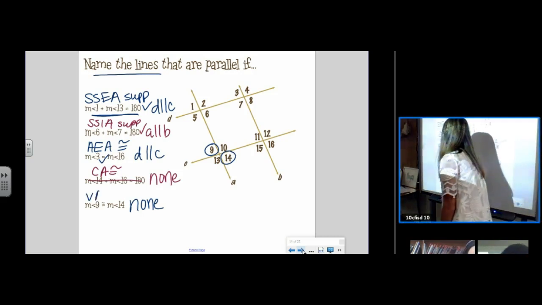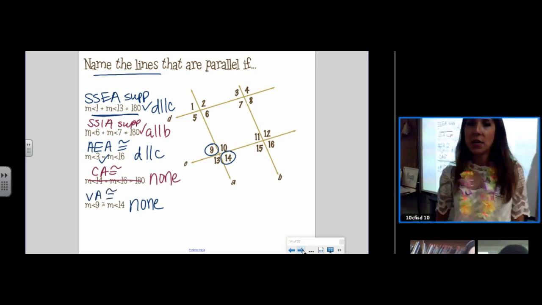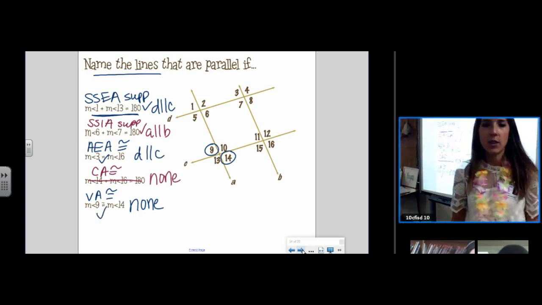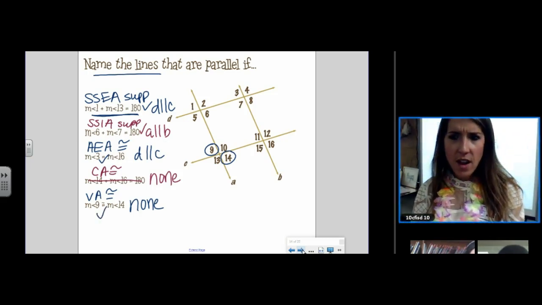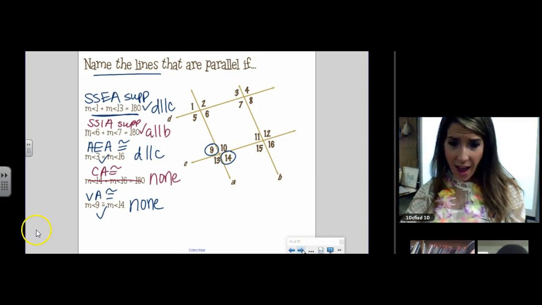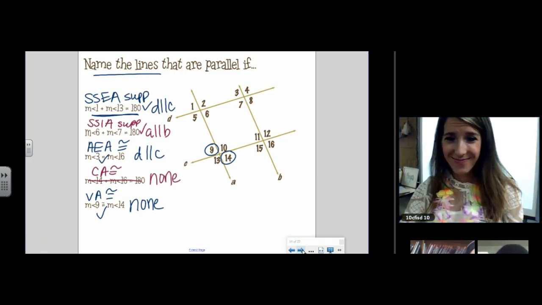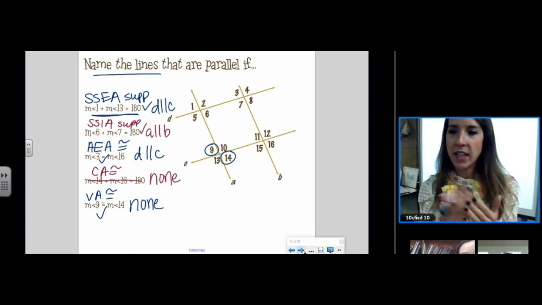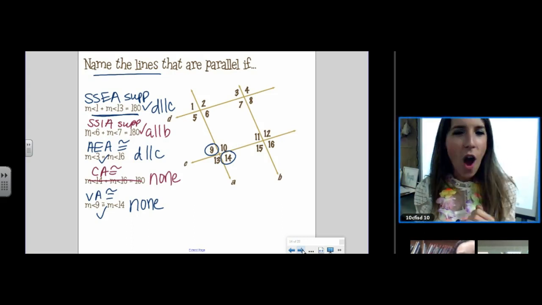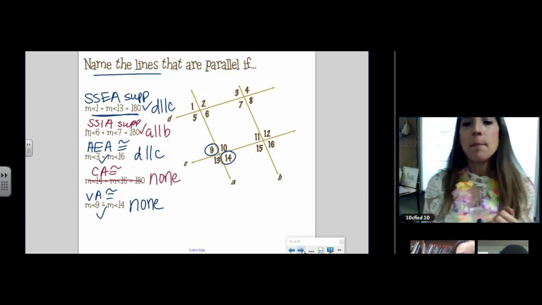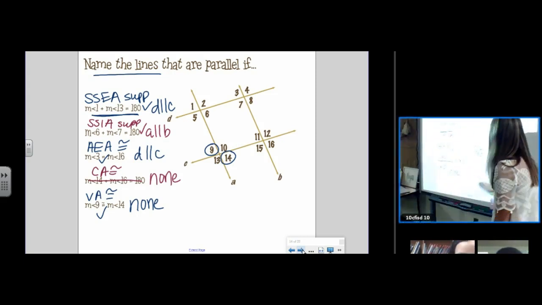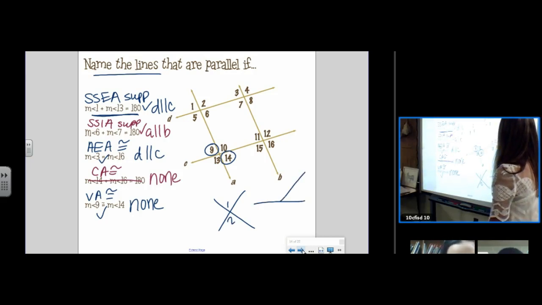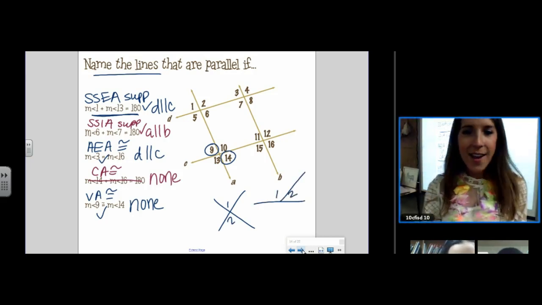These are vertical angles. The vertical angle theorem says they're supposed to be congruent, and they are congruent. So what's the deal? Why did we put none? The words from last unit, vertical angle theorem, linear pair theorem, those cannot prove parallel lines, because all you need for vertical angles are 2 lines crossing, and all you need for linear pair is 2 adjacent angles.